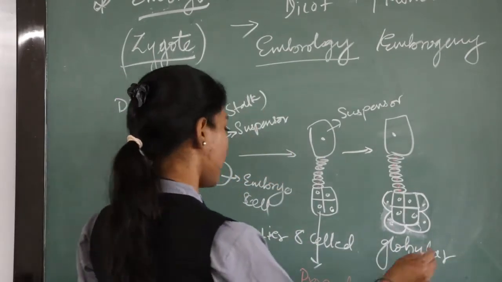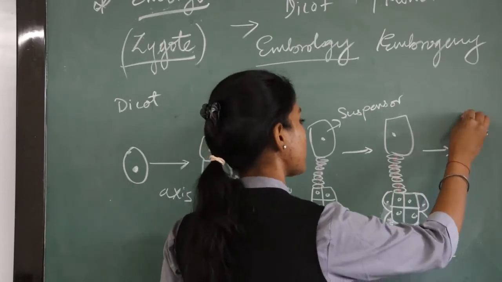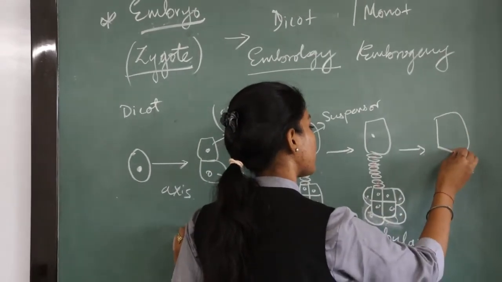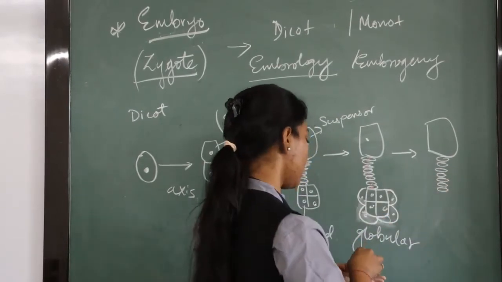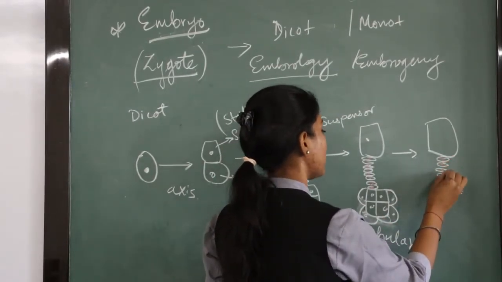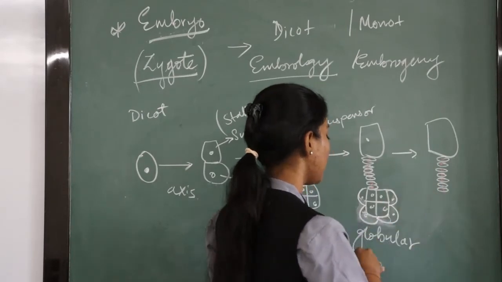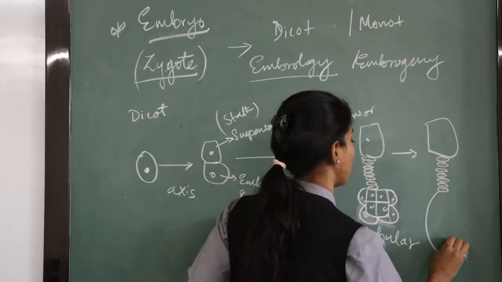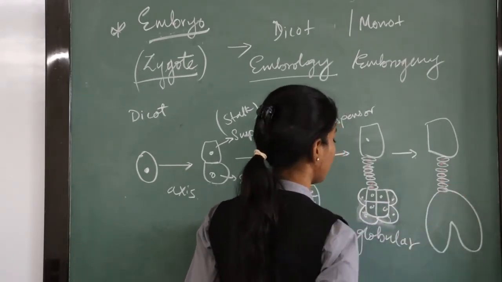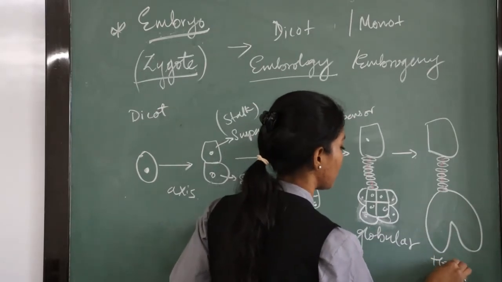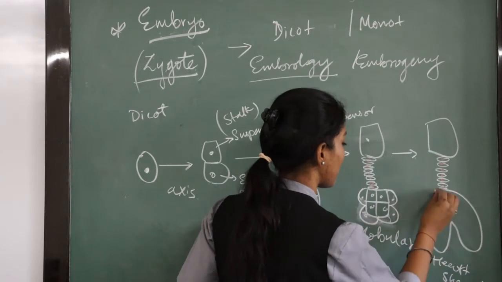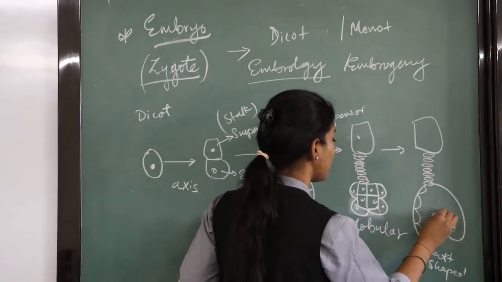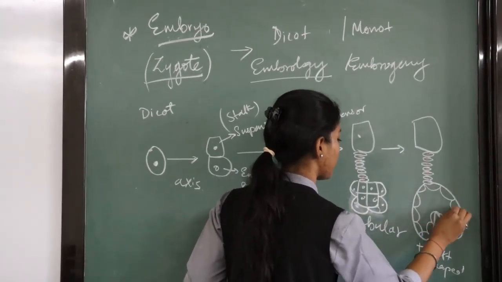Next, in the same division we have seen that it divides into somewhat of a heart shape. The suspensor cell also divides and it forms some heart shaped cells, with cells again growing in it at the periphery.